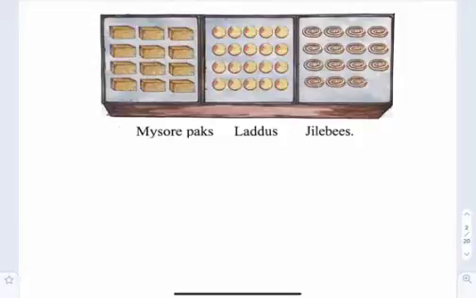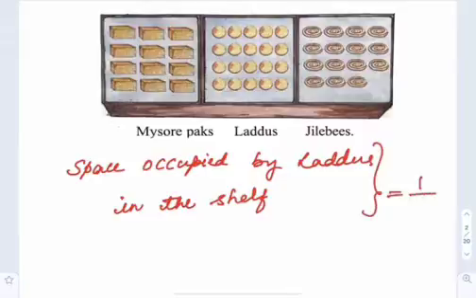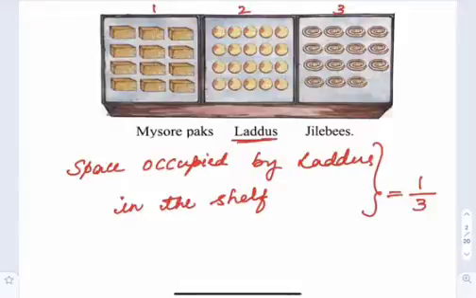Can you all guess? Now, how much would that be? 1 by 3, because if I consider these three shelves as 1, 2 and 3, laddus occupy only one part of 3 shelves. So the space occupied by laddus in the shelf would be 1 by 3.